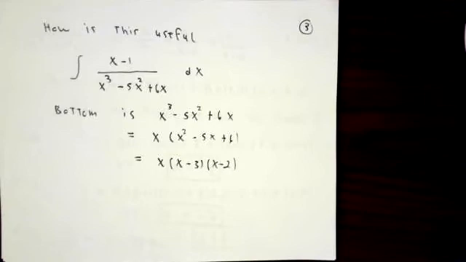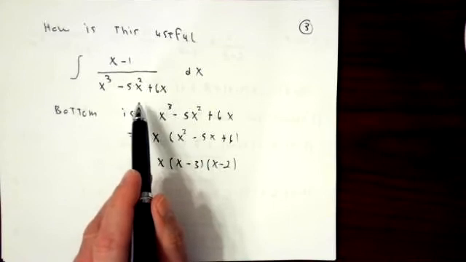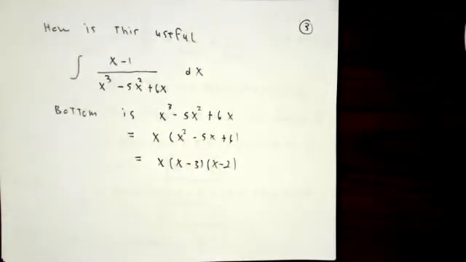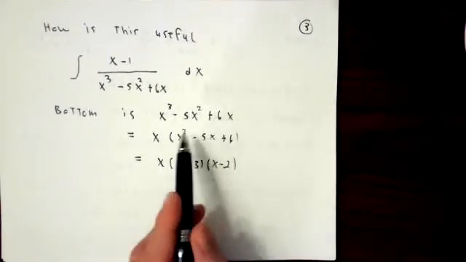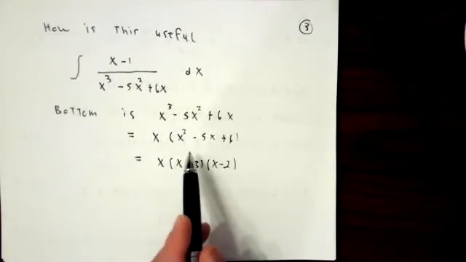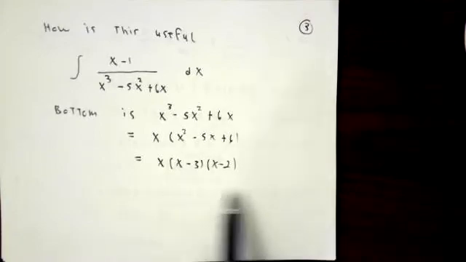If I wanted to integrate x minus 1 over x cubed minus 5x squared plus 6x, I'd look at that and I'd think it's a higher degree polynomial on the bottom, lower degree on top, and if you look at what's on the bottom, obviously you can factor an x out of everything, and x squared minus 5x plus 6 factors up nicely.